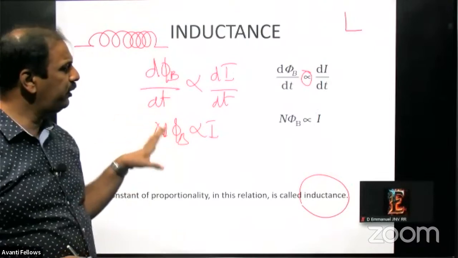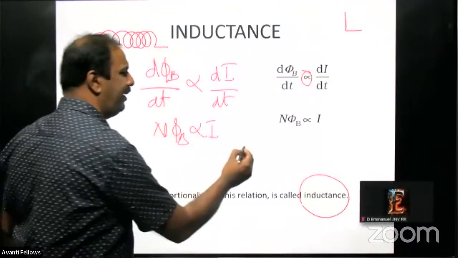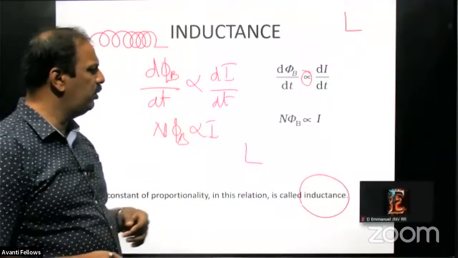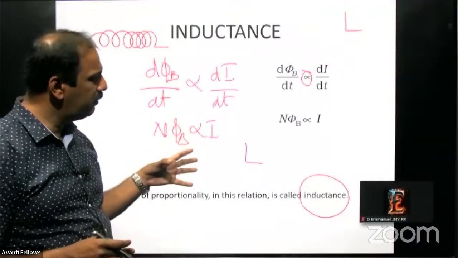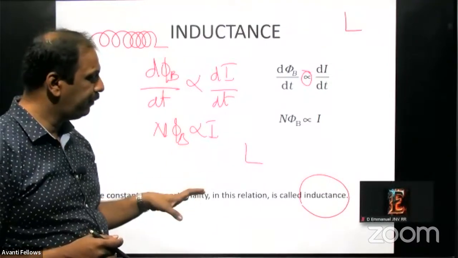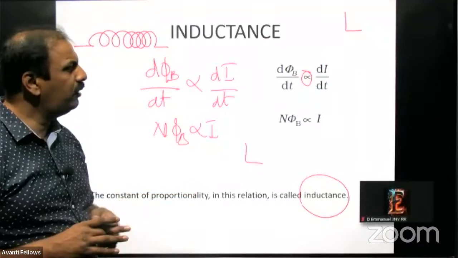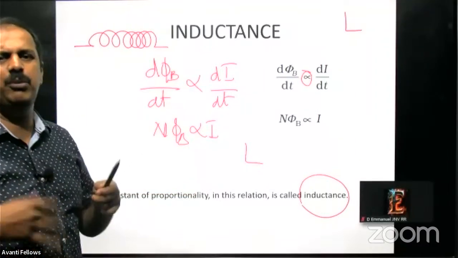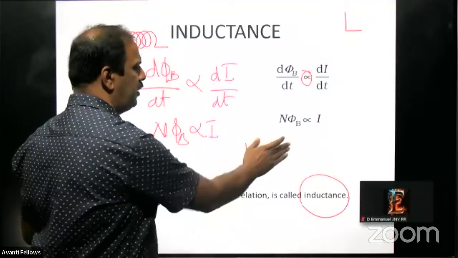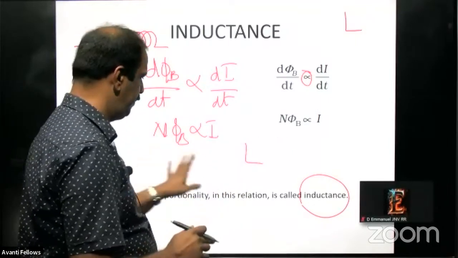So you should know the inductance. We will write it as L, and sometimes M also when it comes to mutual inductance. So the unit of inductance is Henry. Now we will discuss self-inductance and mutual inductance in detail, separately: what is self-inductance and what is mutual inductance.